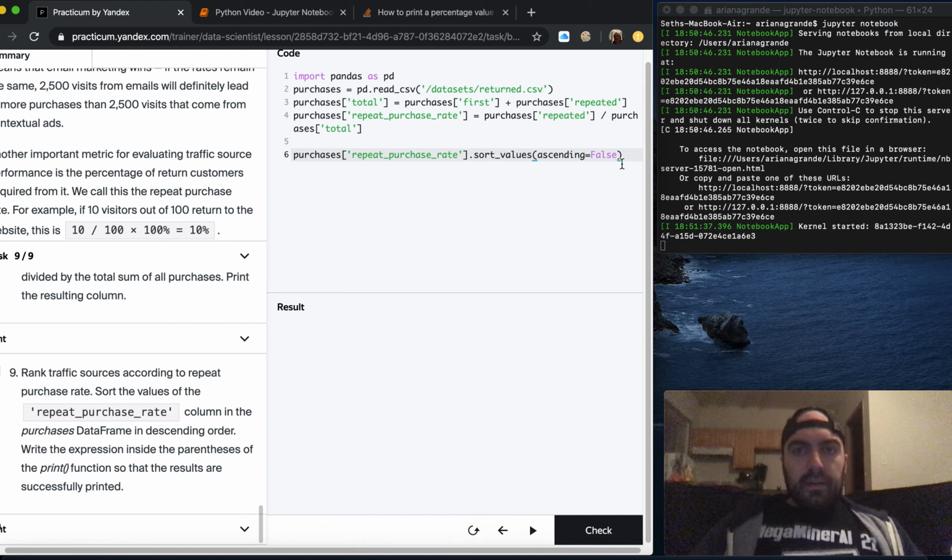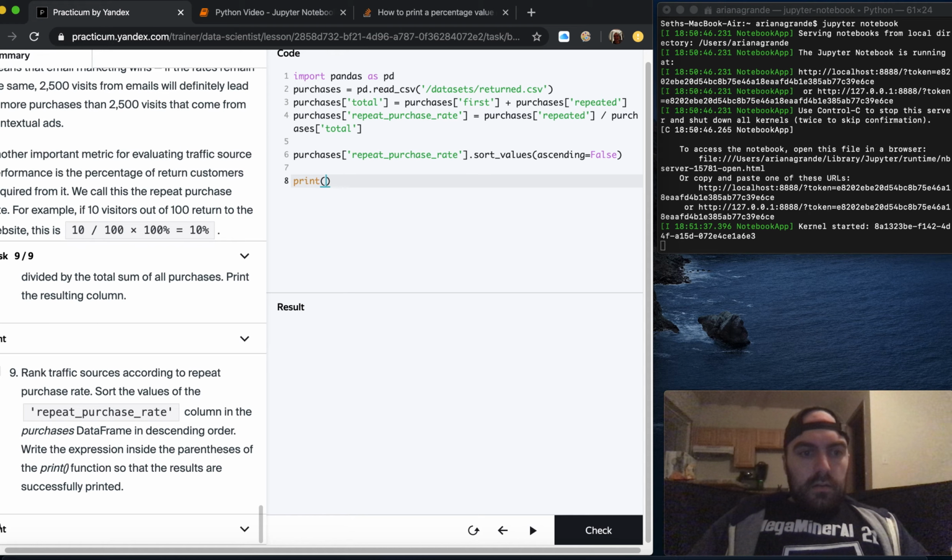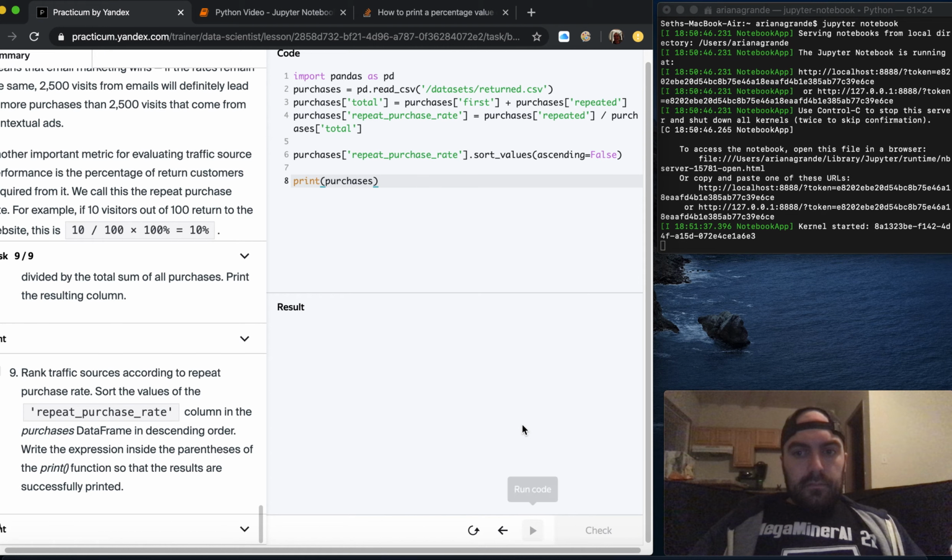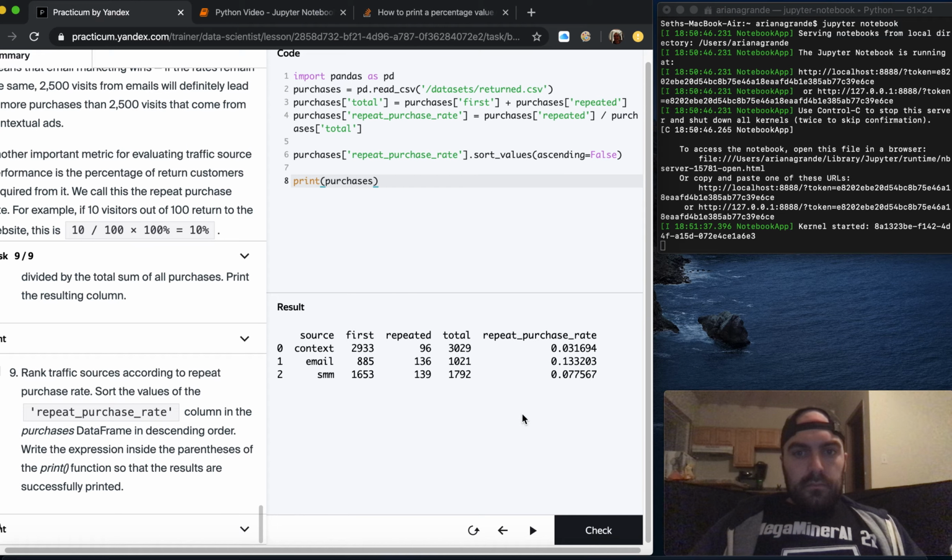Oh, I didn't print anything. Print purchases. Let's see, did it not sort it?